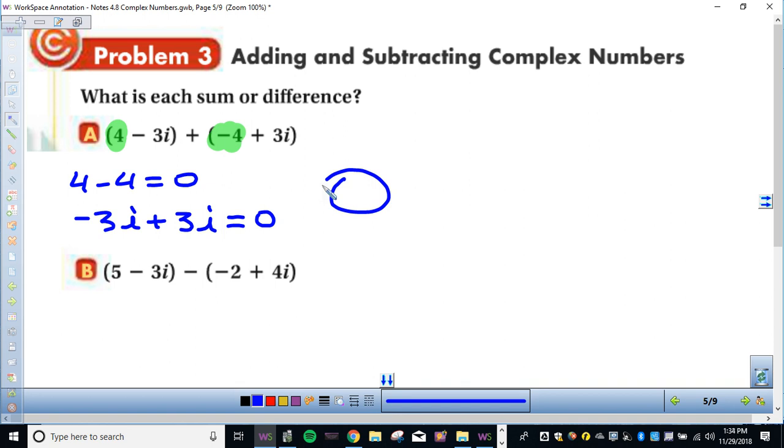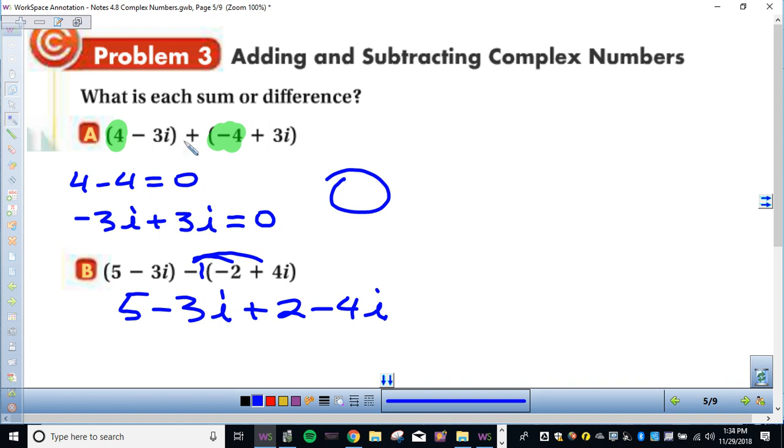It's all good. When you have this subtraction, I like to think of that minus as a negative 1 and distribute the negative 1 into the second parenthesis. So I get 5 minus 3i plus 2 minus 4i. So the simple, easiest kind of mistake that students make is they just ignore the fact that there's a plus here and multiply them instead.